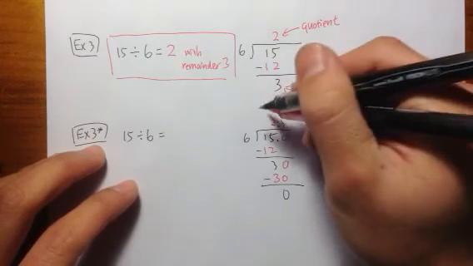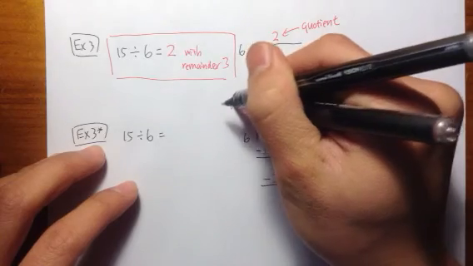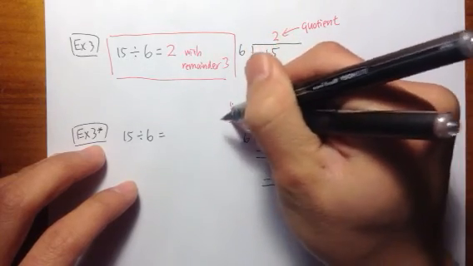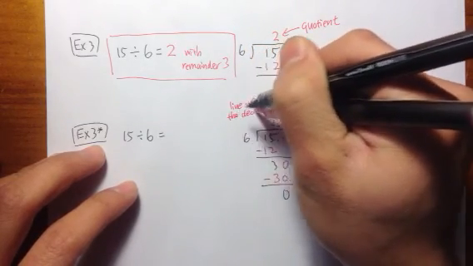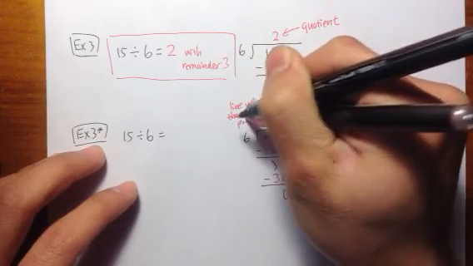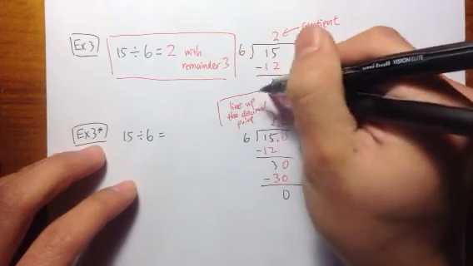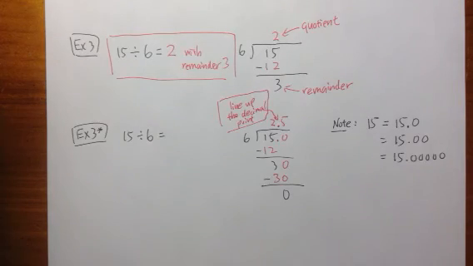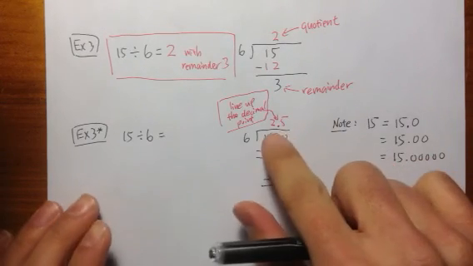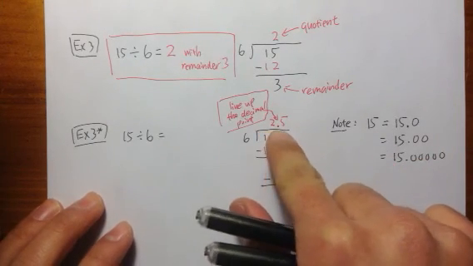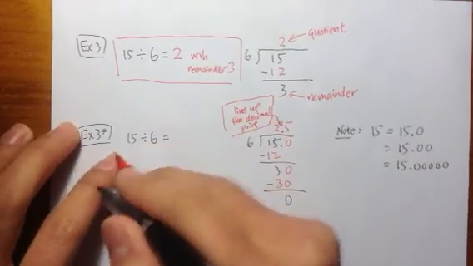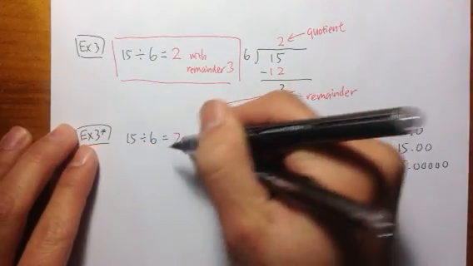Okay, let me make a note. Line up the decimal point. So the answer, the quotient, is equal to 2.5. Another way to answer 15 divided by 6 is 2.5.